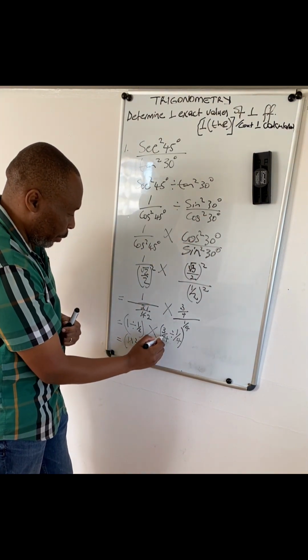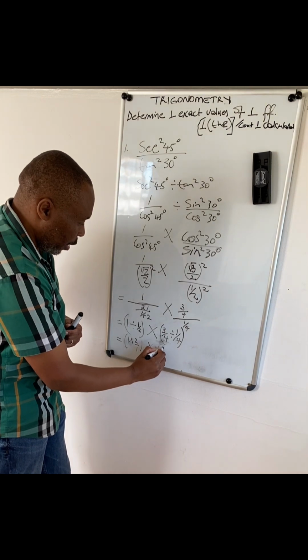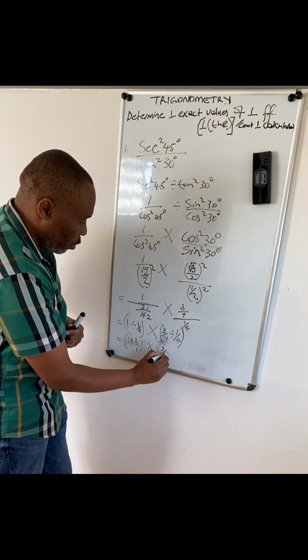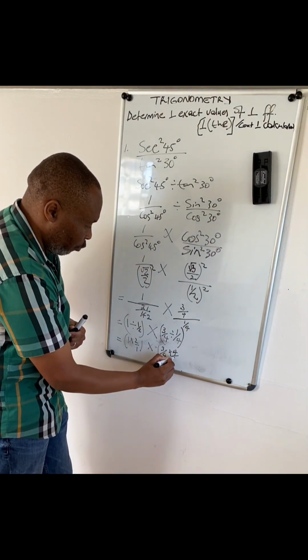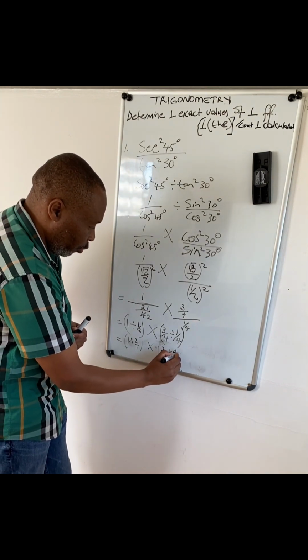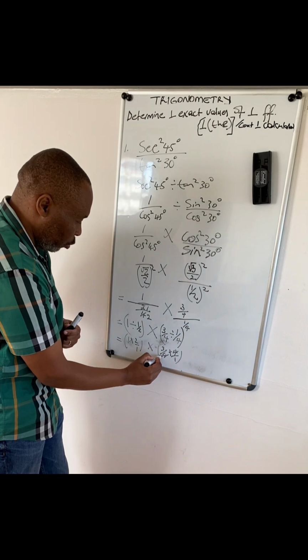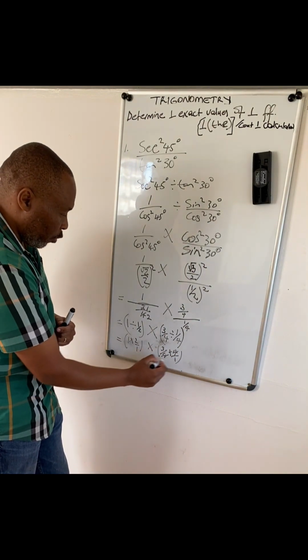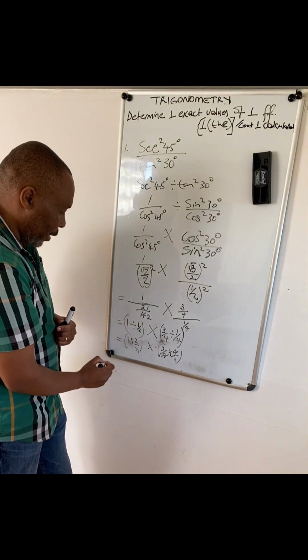And here we multiplied, so here it would be 3 over 4 multiplied by 4 all over 1. So basically here it will cancel. So we've got 3 over 1, and here it will cancel.